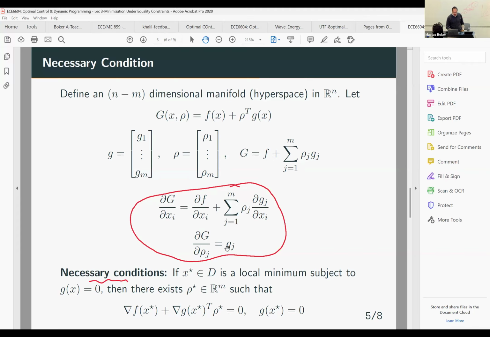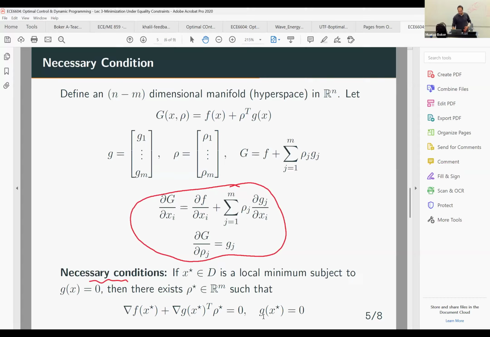And then when you take the derivative of that equation with respect to rho and equate this to 0, you will end up with the equation of constraints to begin with. Okay, but the constraints at X star. This is not the constraint in general, it's the constraint at X star. Okay, I'll give you an example and then you'll see how we're going to do this.